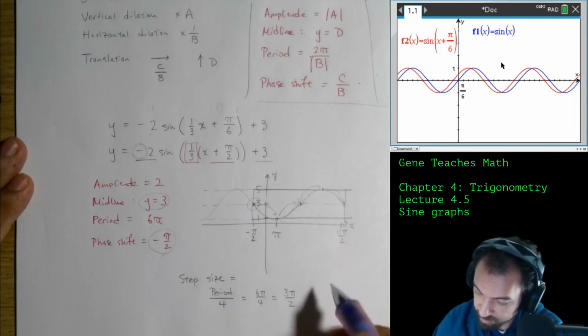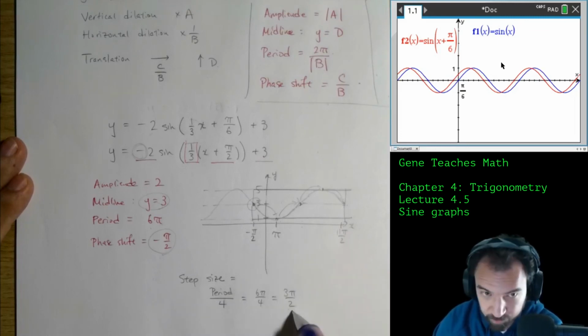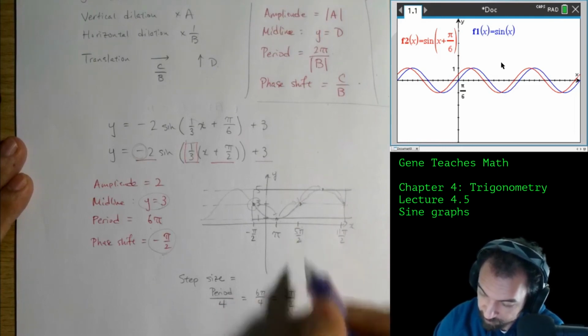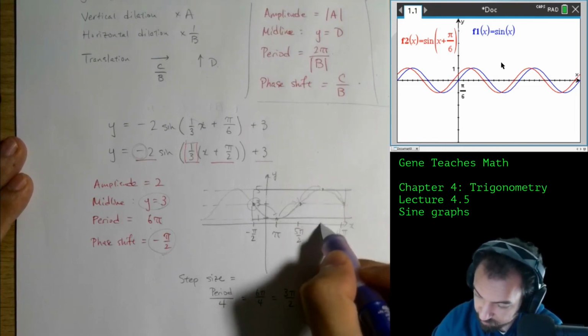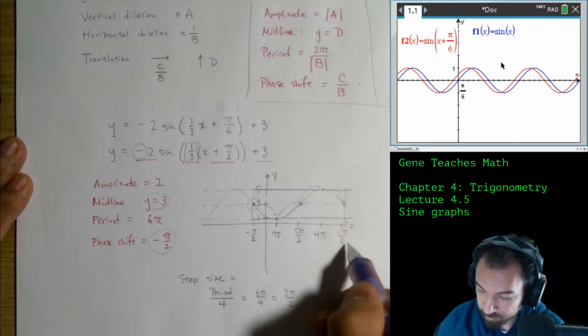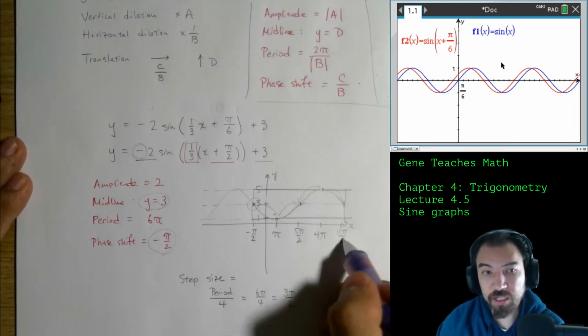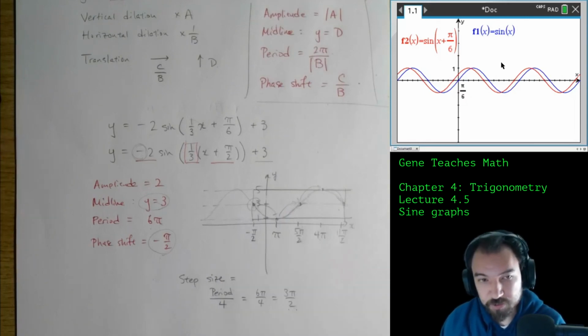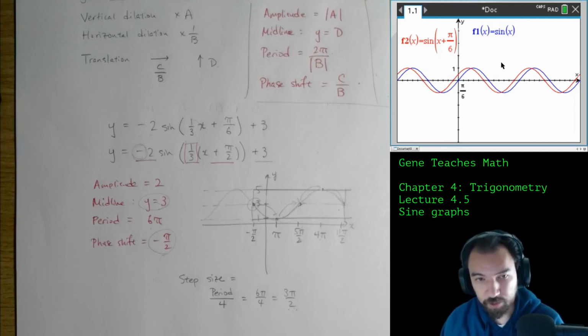Please ignore that. And then if I add pi plus 3 pi over 2, that's going to get me 5 pi over 2. And 5 pi over 2 plus another 3 pi over 2 is going to get me 8 pi over 2, also known as 4 pi. And then 4 pi plus 3 pi over 2 is going to get me 11 pi over 2. And this is how I can find the precise locations of those cool points very quickly.